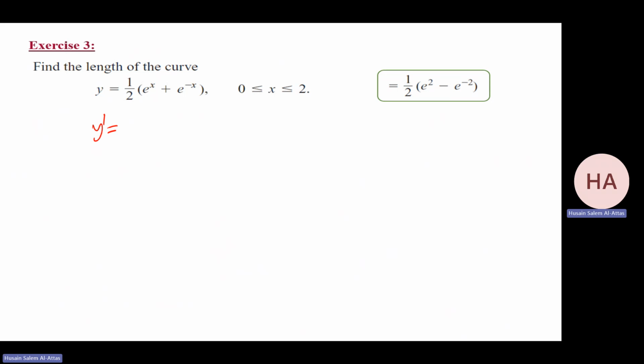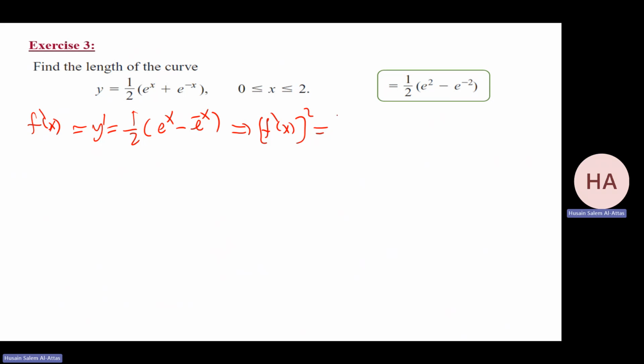That will be half e^x minus e^(-x). Square it. That will be f prime of x, so f prime of x all squared.